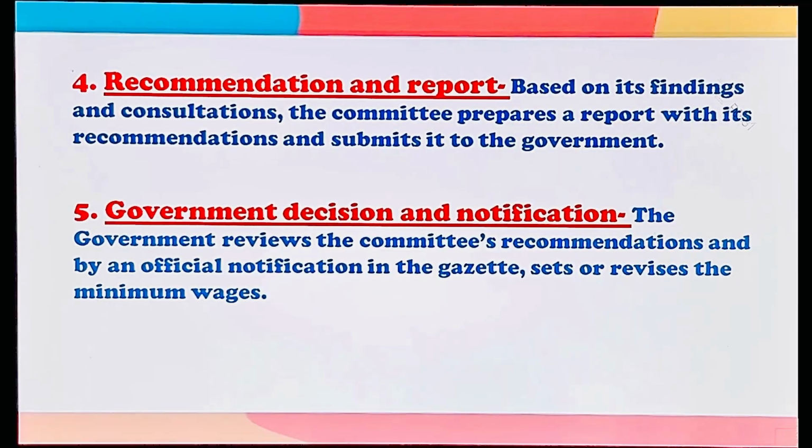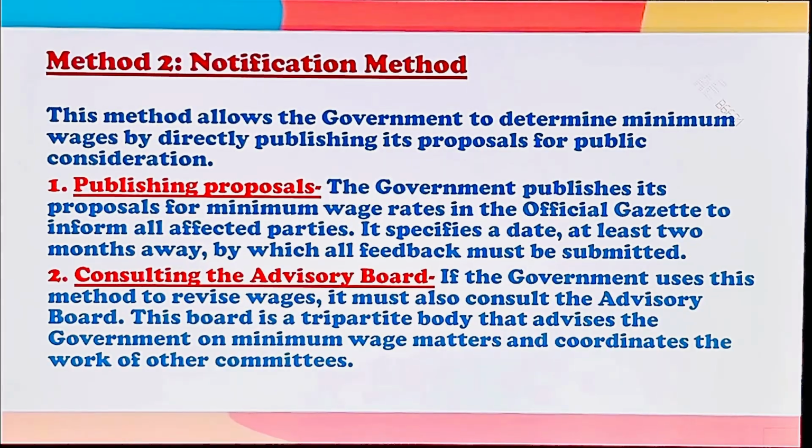So the government reviews the committee's recommendation and, by an official notification in the Gazette, sets or revises the minimum wages. Second method is the notification method. In this method, the government directly publishes its proposals for public consideration to determine minimum rates of wages.